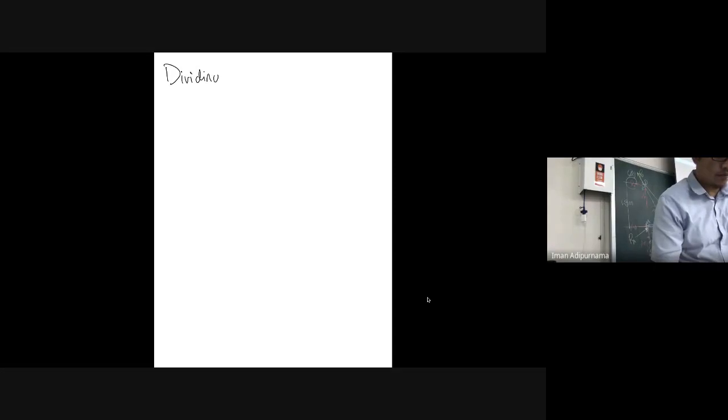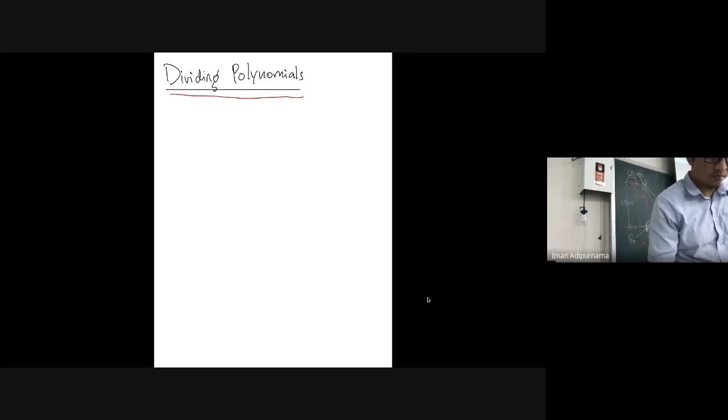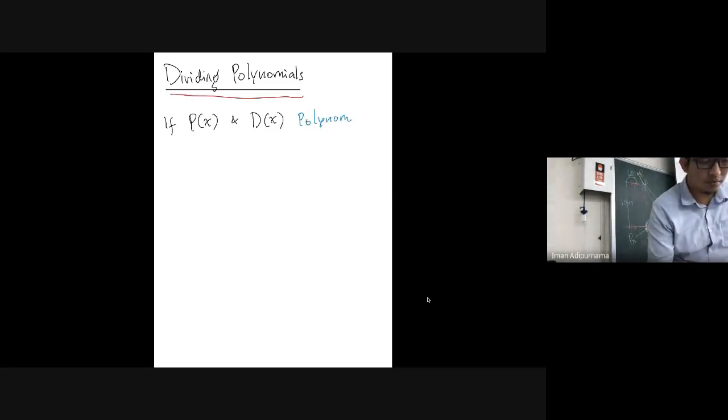Dividing polynomials: let's say the polynomial P(x) and let's say D(x), okay, both of these are polynomials. So you have two polynomials, okay, and D(x) should not be 0.